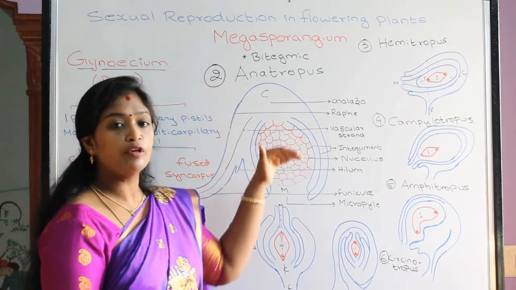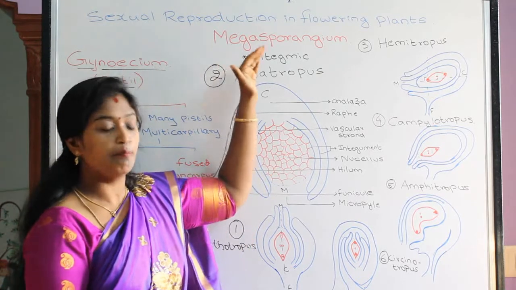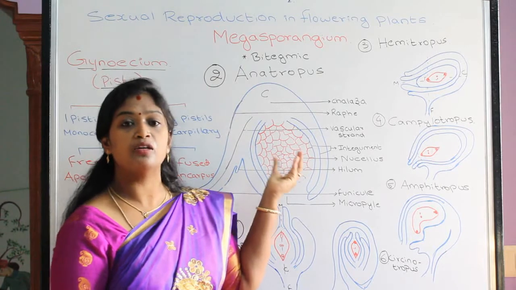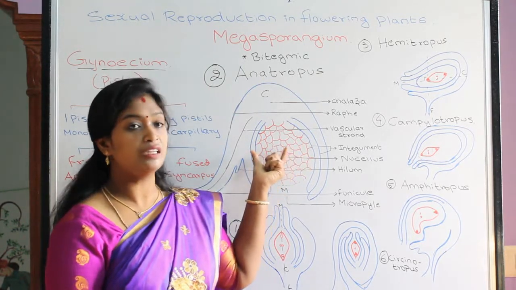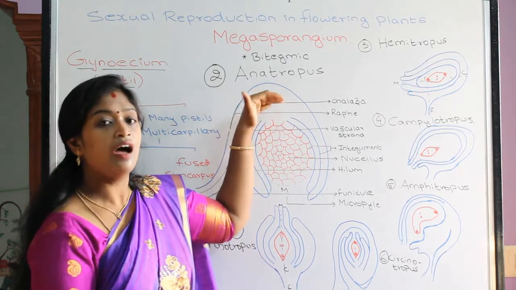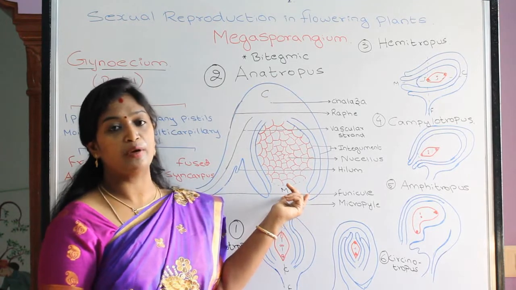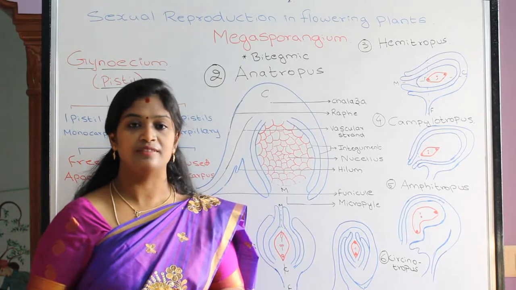And this ovule is covered by two layers of integuments, and hence it is bitegmic. Inside the integument we have the dense mass of diploid tissue, called the nucellus. And these integuments arise from the chalaza, and below the integument there is an opening which is called the micropyle. In the next section let's see the different types of ovules.